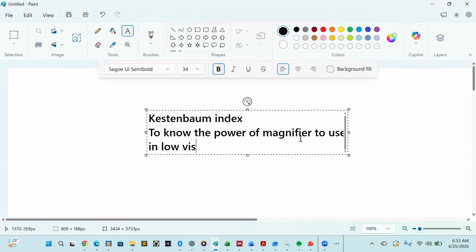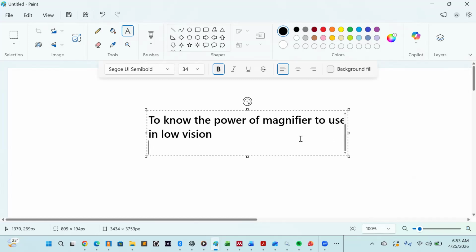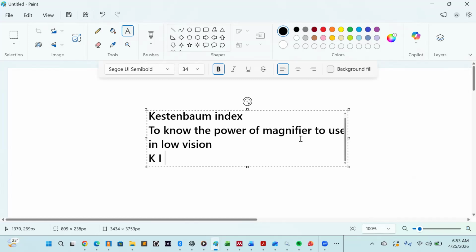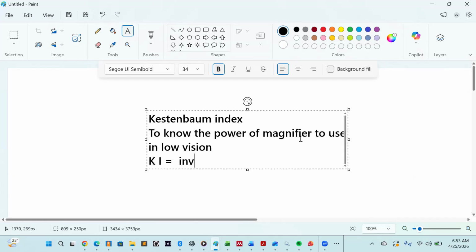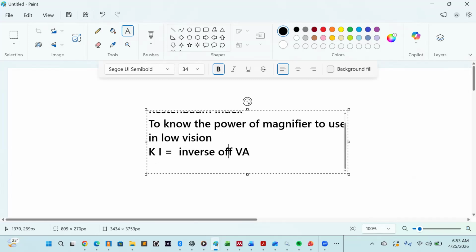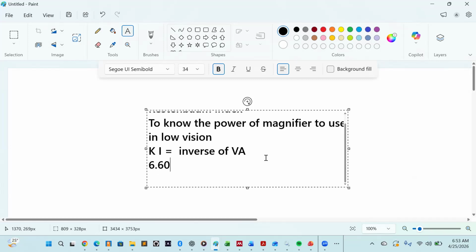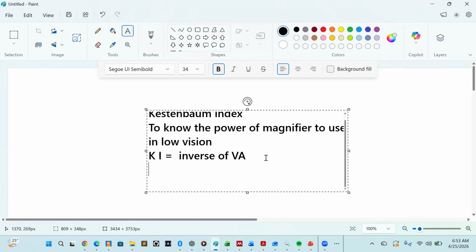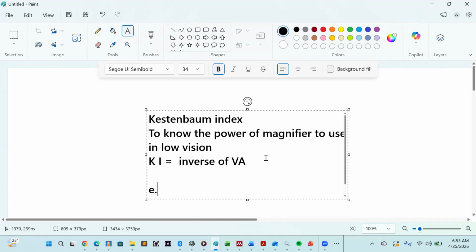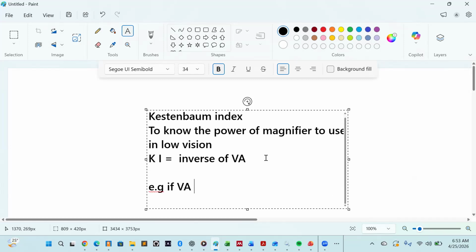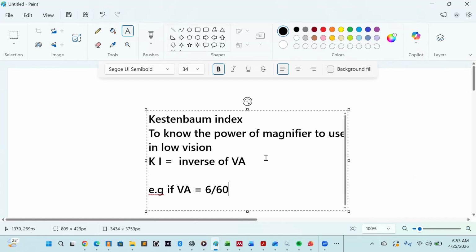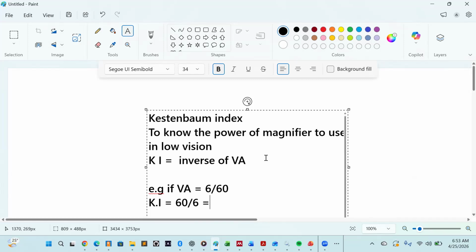So the testable index is equal to the inverse of visual acuity. Taking a visual acuity of, let's say, 6/60: if VA is equal to 6/60, the testable index is equal to 60/6, which equals 10.